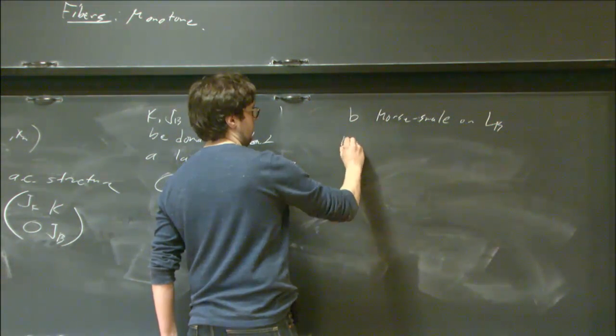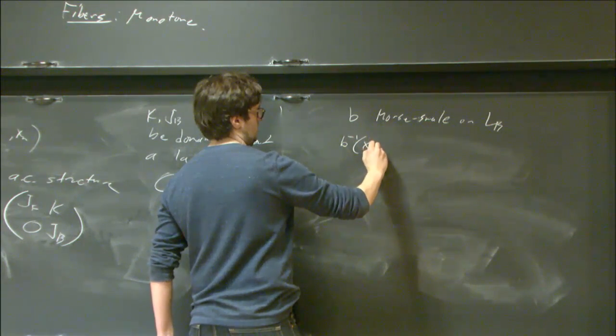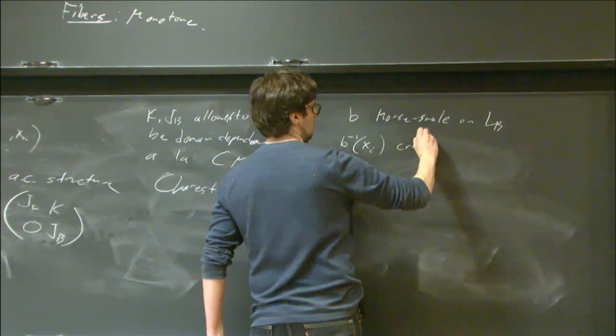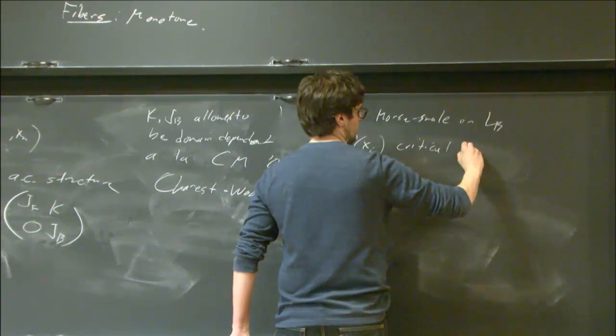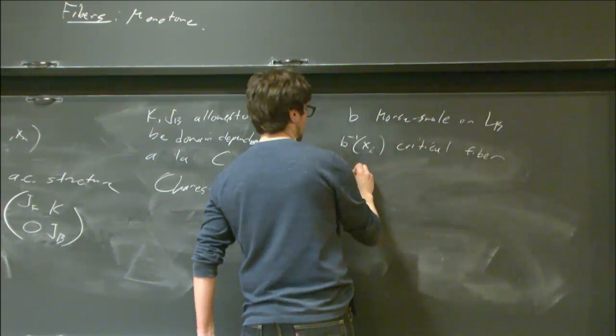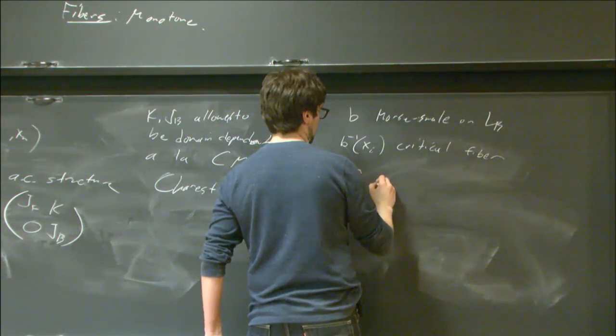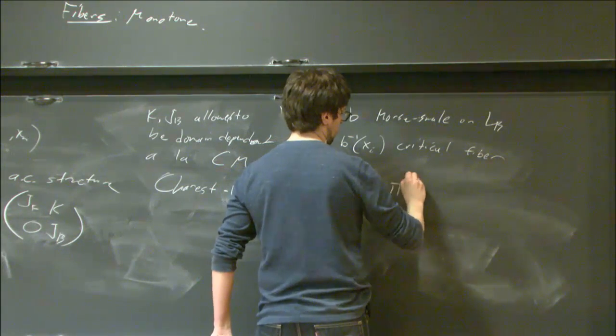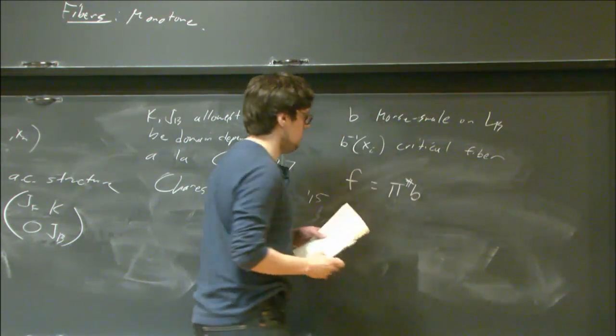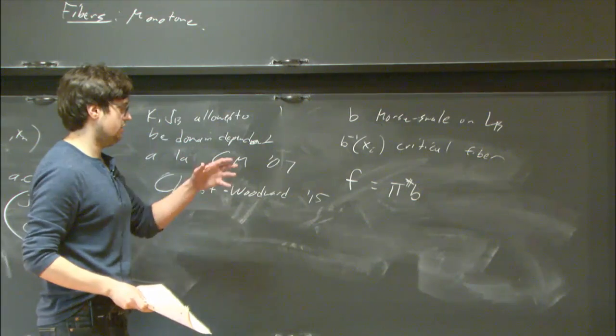And then you have critical fibers, so let's say critical fiber. And then you want to construct your F to be the pullback of the function on B, but then you have these whole fibers which are singular sets.